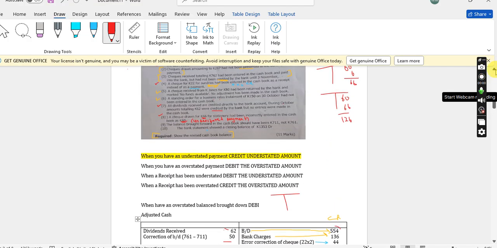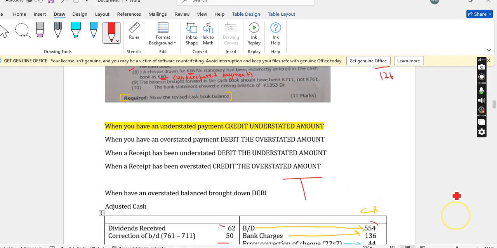They told us the bank statement showed a closing balance of 1,353 debit. So if the balance is on the debit side from the bank, it means on our cash book it has to be on the credit side, so it has to be represented with a negative number.